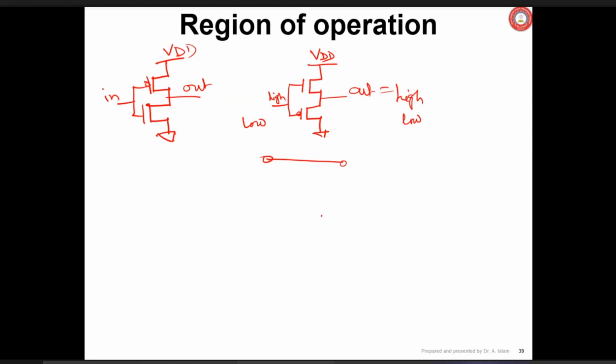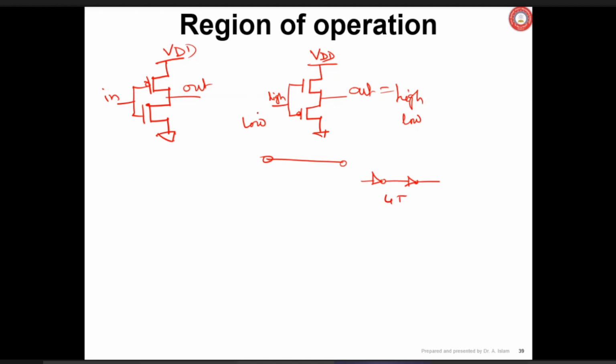Sir, by using two inverters cascaded to each other. By using two inverters cascaded, we make a buffer. Okay. In this way, 4 transistors are required in a buffer.